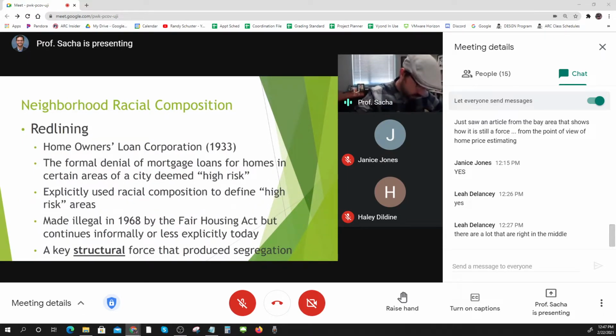And one of the key structural forces that we're going to talk about is this term redlining. I would love to know what you've heard about redlining before, but in the interest of time, I want to make sure we get through this, right? So redlining is a process whereby, and I'm not going to hit each of these points today, but I'm going to go quickly, trying to get to the finish line before 13 minutes is up.